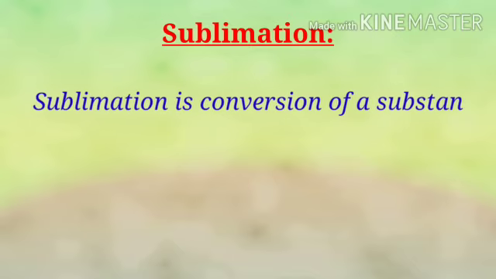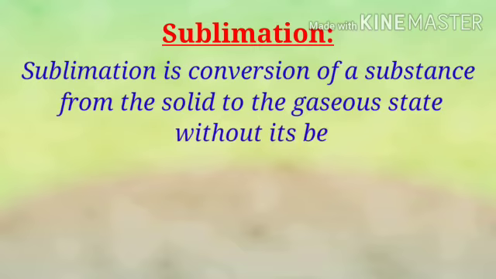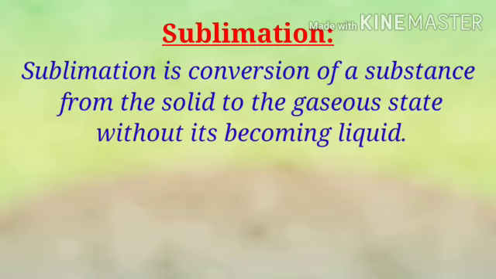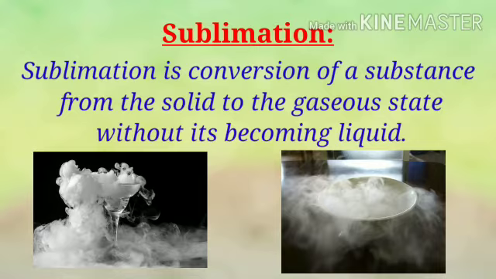Now we will see the definition of sublimation. Sublimation is conversion of substance from the solid to the gaseous state without its becoming liquid. As you can see in the diagram, when a kapoor is kept in the atmosphere free open, then without changing to the liquid state, it changes to the gaseous state and disappears.